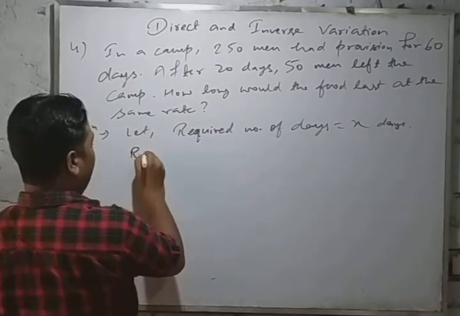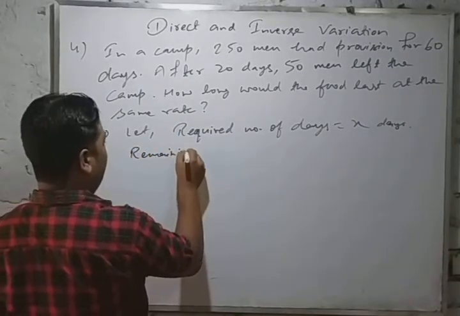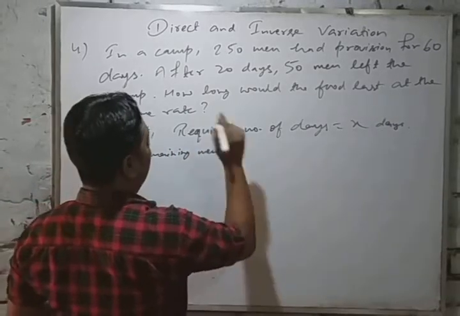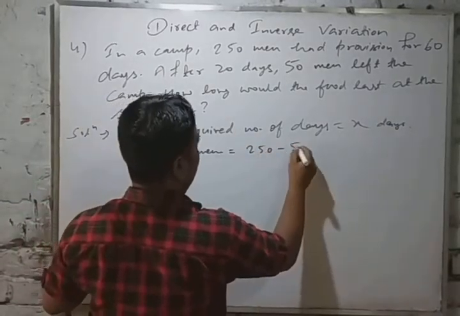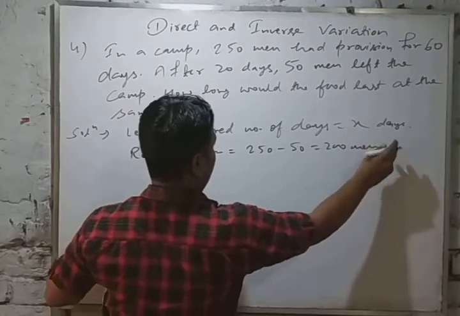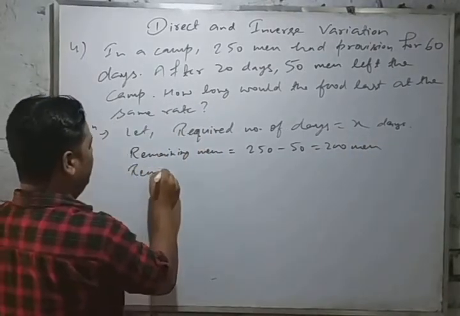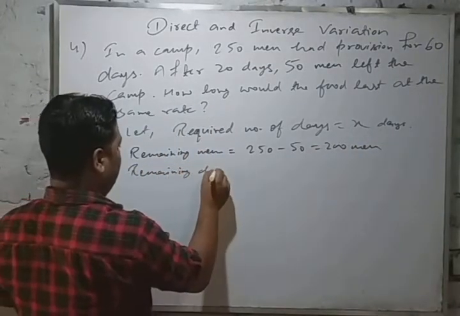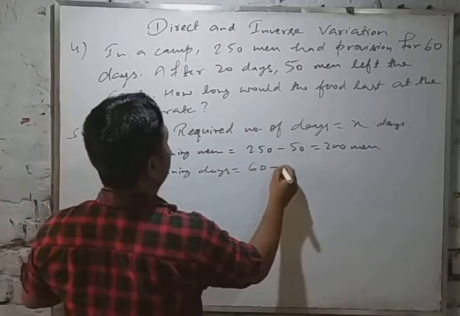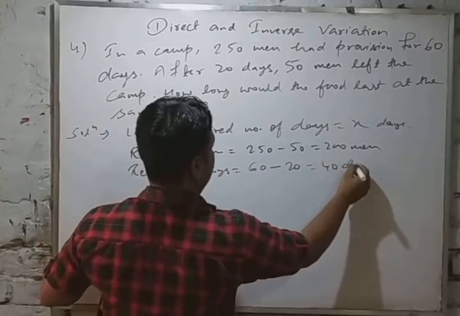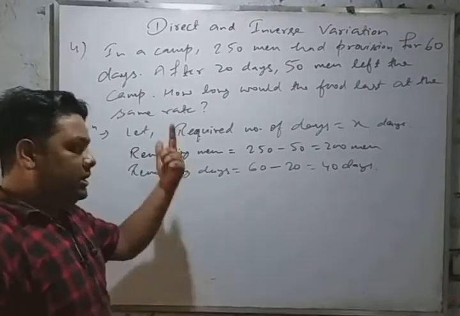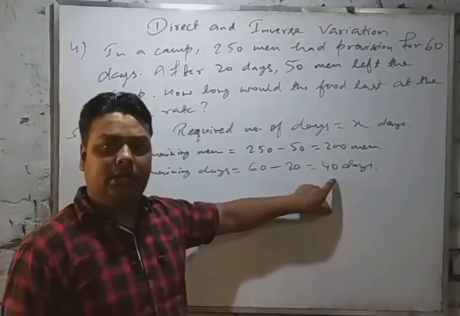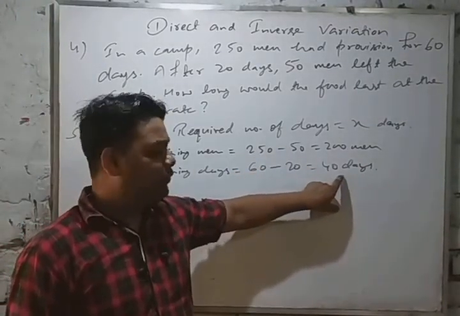Now, at first we will subtract: remaining men is equal to 250 minus 50, that is 200 men only. Now, remaining days is equal to 60 minus 20, that is 40 days. But still 250 men can eat the food for the last 40 days.